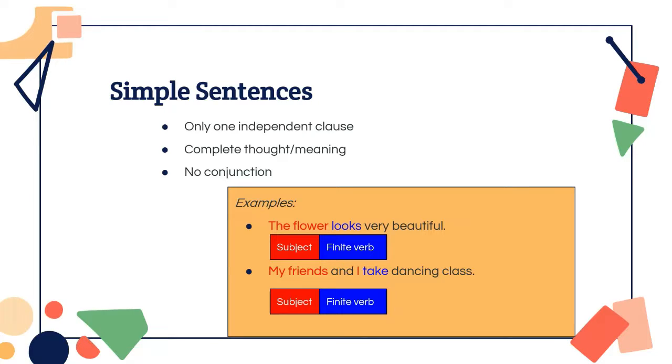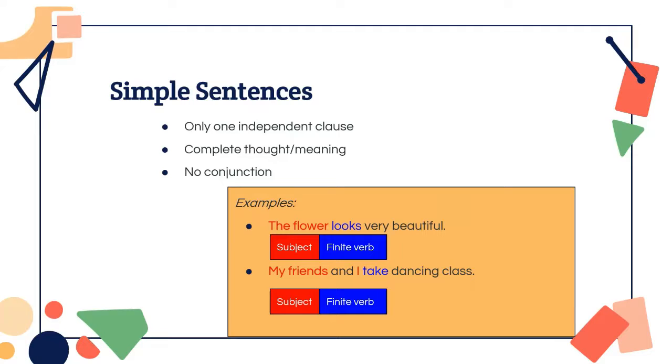and the second one is "My friends and I take dancing class." To check whether these two sentences only have one independent clause, it means that we can only find one subject and one finite verb in these two sentences. The first one, the subject is "the flowers" and the finite verb is "look".